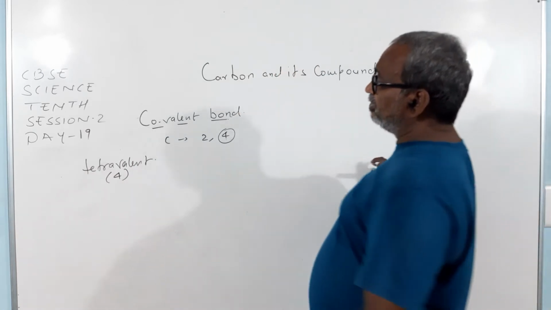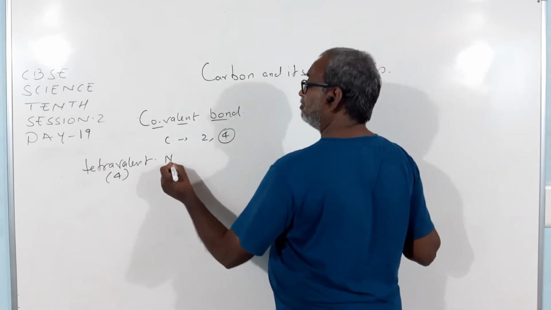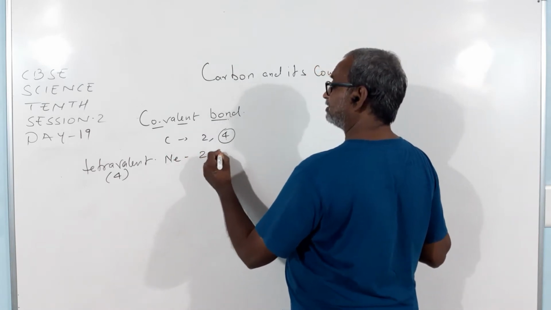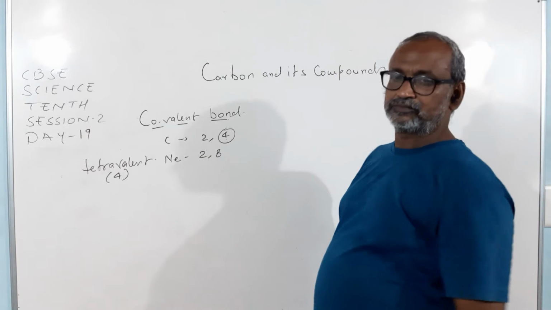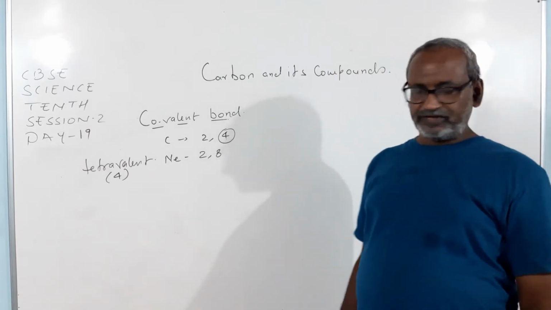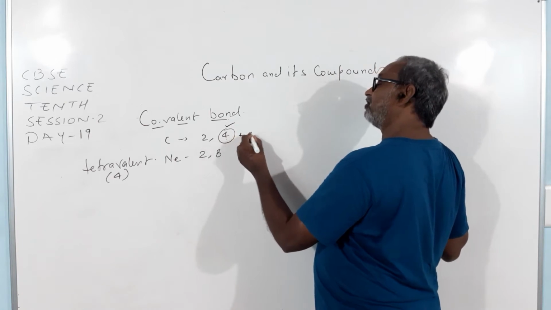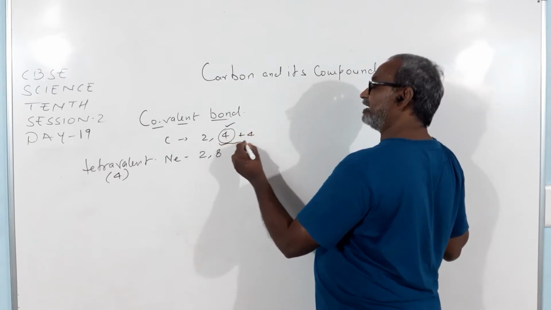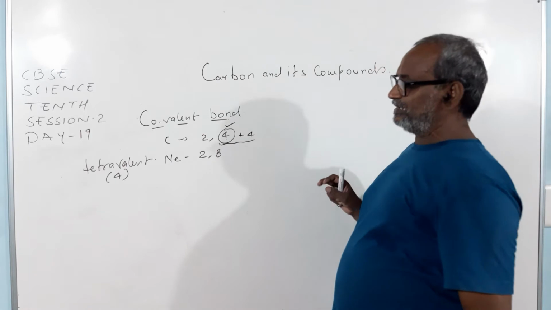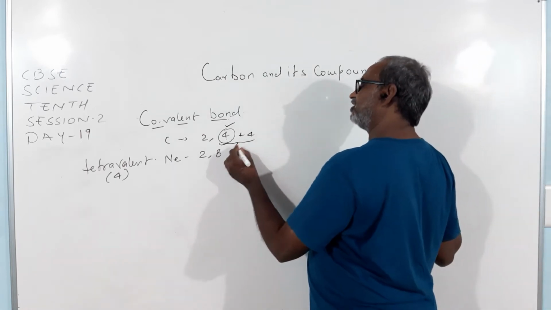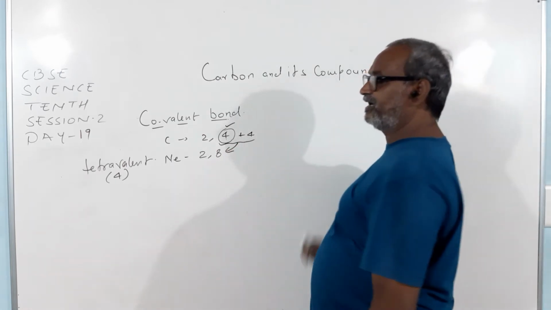The nearest noble gas to carbon is neon, 2,8. Obviously, carbon atom requires 4 more electrons to complete its octet and to acquire the stable configuration of its nearest noble gas, neon.